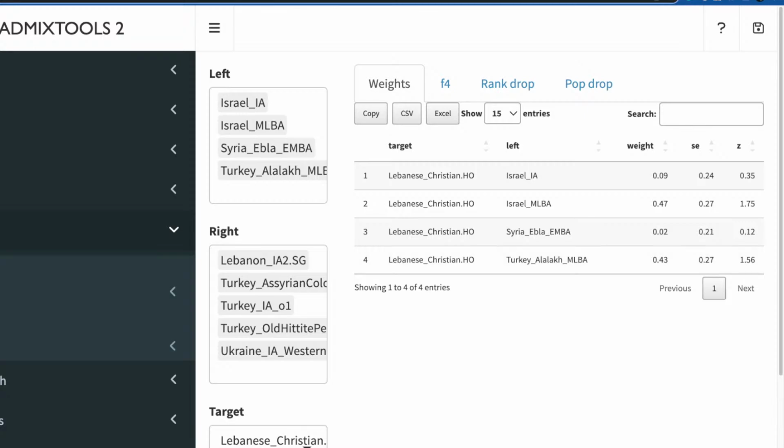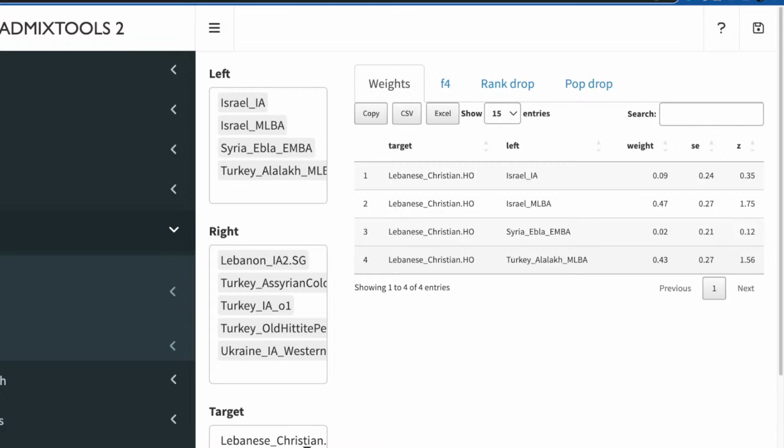All right, so what we see, the Lebanese Christians carry 9% the Iron Age Israelite sample, 47% Israel Middle Late Bronze Age, Ebelite Early Middle Bronze Age at 2%, and the Alaha Middle Late Bronze Age 43%.